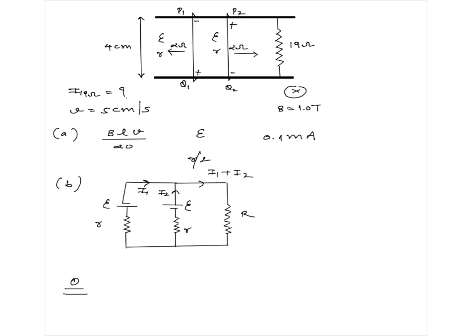The equivalent electric circuit I have drawn below. You can see that. Now it becomes an electric circuit problem. If this is I1 and if this is I2, current here will be I1 plus I2. You will have to find out I1 plus I2. And that you should be able to do.